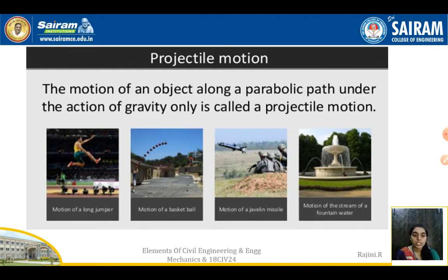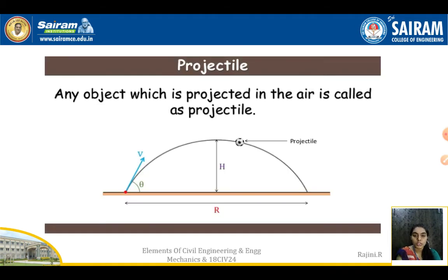And the last one, fountain water, you can see how it starts and ends on the earth's surface with a curved path. The motion of an object that takes a parabolic path under the action of gravity is a projectile motion. So in projectile motion you can see different paths.